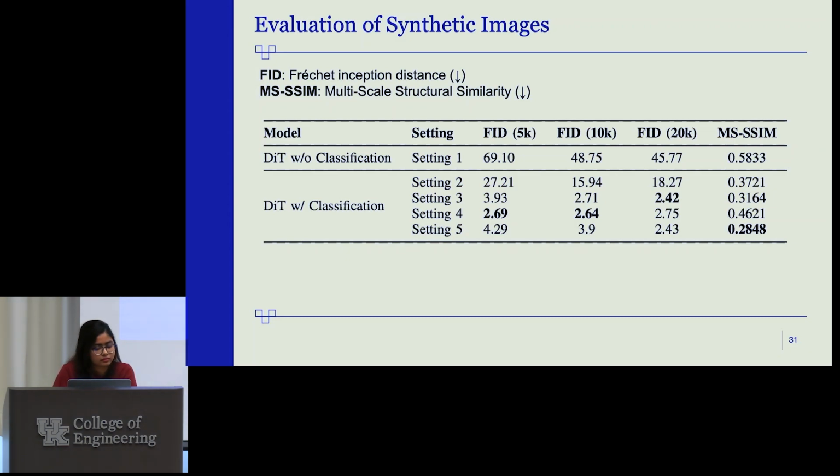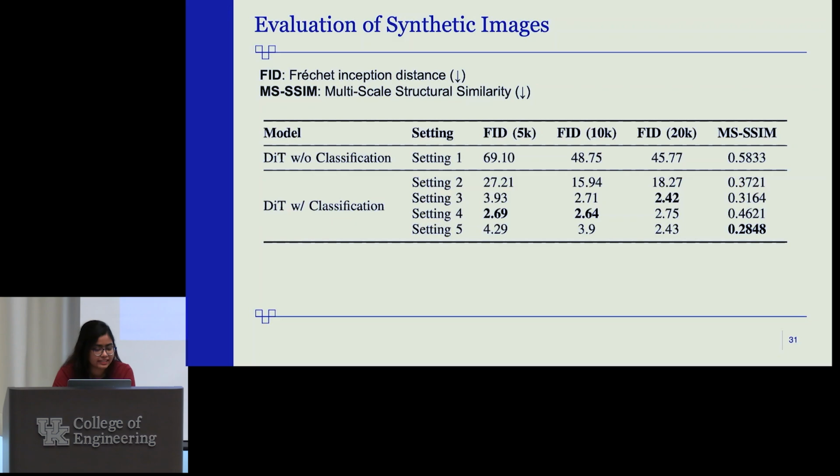What if we increase the value of lambda, or put a value between, say, 0.2 and 0.3? For FID, setting 4 has the lowest FID 5K and 10K, but FID 20K is best for setting 3, and MSSM for setting 5. So what is your conclusion?